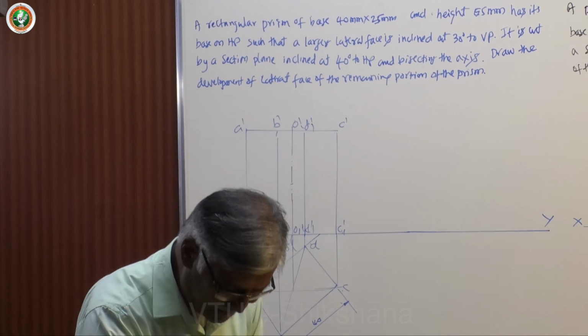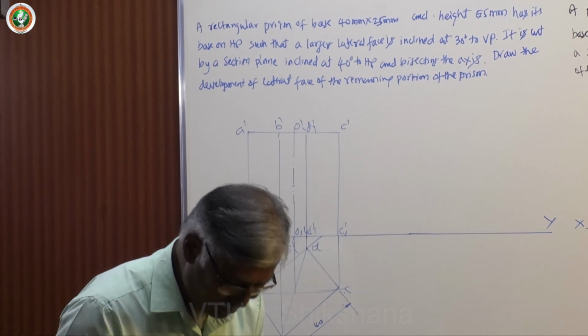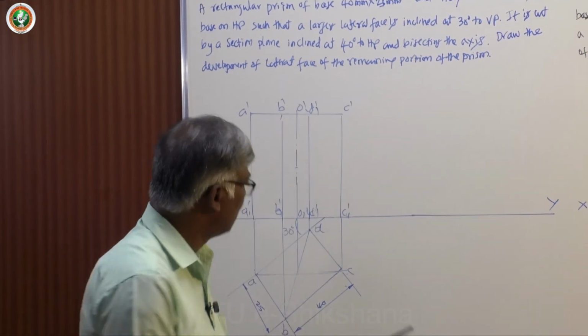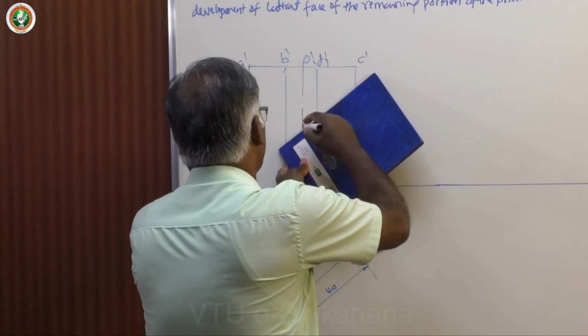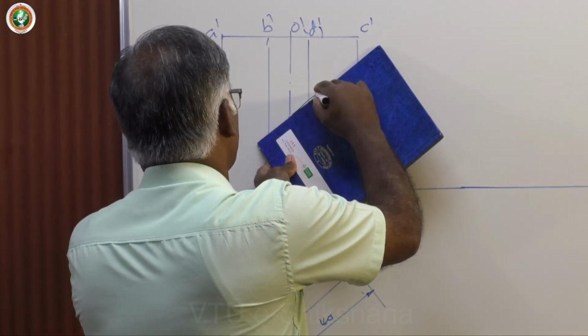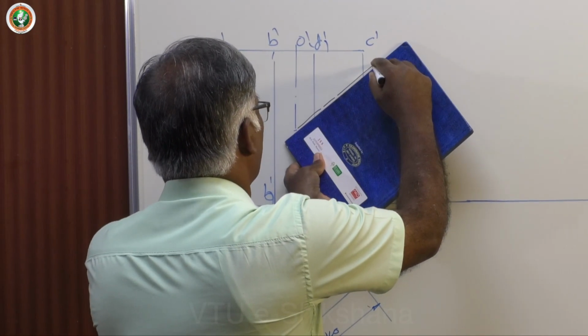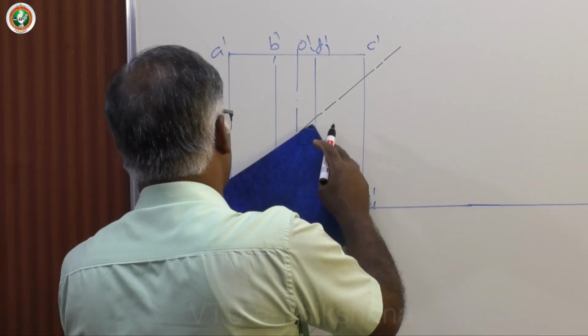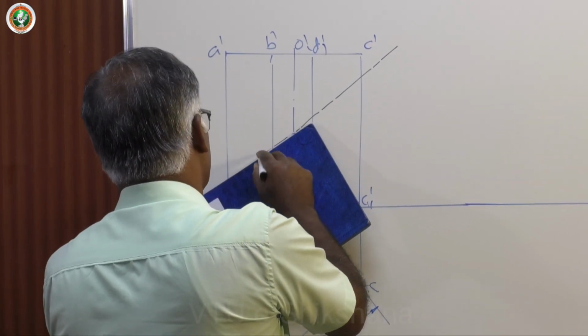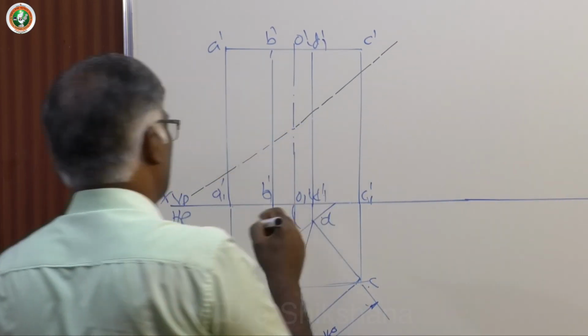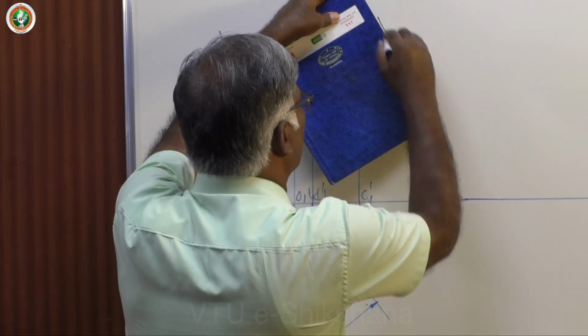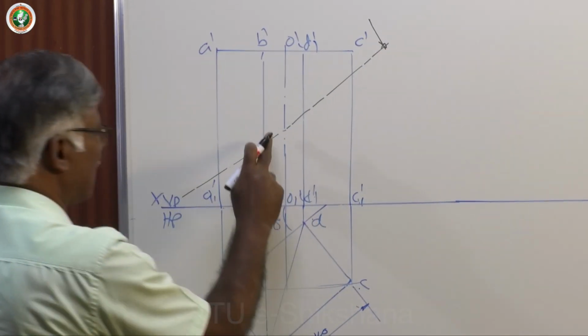So if you draw the section plane inclined 40 degree, assume that taking 40 degree, hyphen, full line hyphen. So you see that it is a single plane.